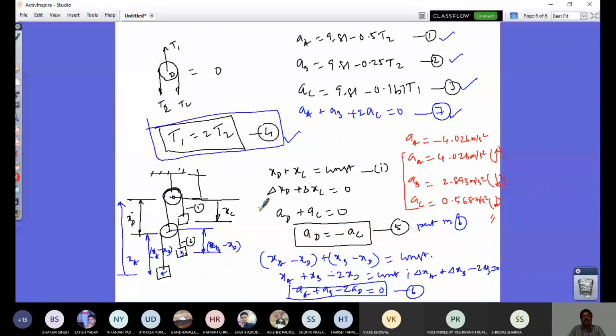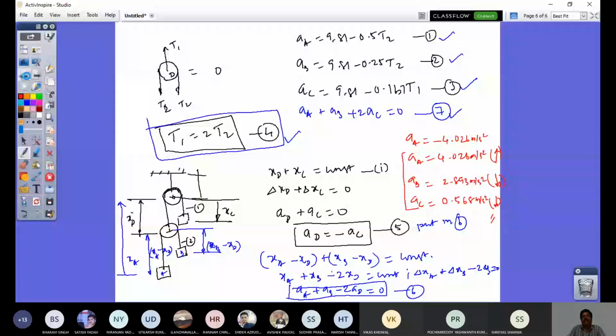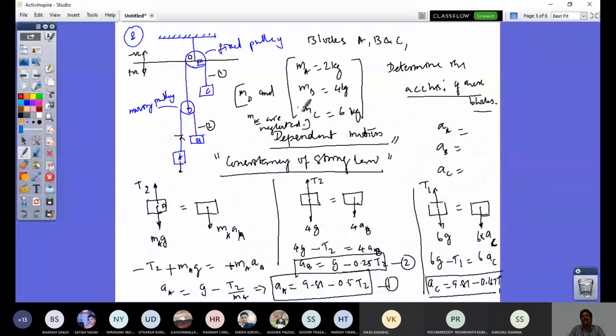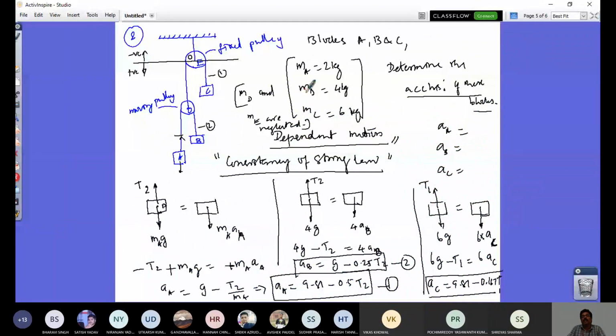But this problem is not posed like that. Rather, you are given masses. Any time the mass is given in the problem statement, you can consider it a kinetics problem. That's one way of looking at it. Or you are asked to find the acceleration and you are given forces. That is again a kinetics problem, where you should apply Newton's law if the blocks under observation are translating.